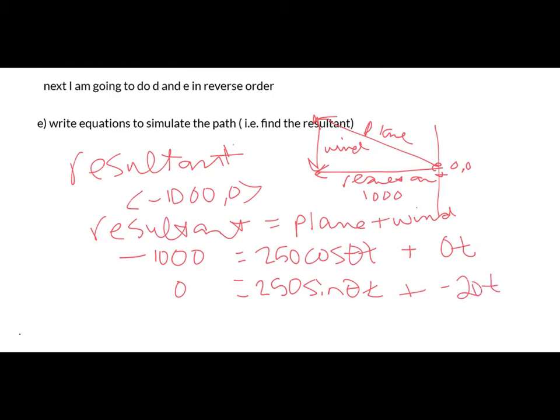So all I'm doing right now is combining my resultant, my plane, and my wind. My plane plus my wind equals my resultant. And I'm going to put all of these together in order to find out what this angle theta is. I'll call this x for now, but I want to find out what theta is. So I'll do that on the next screen.